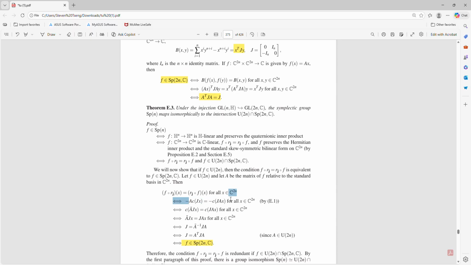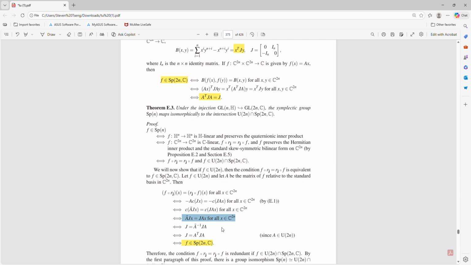And we can easily get the next equation like this, and we can cancel c from both sides, and we get this equation.